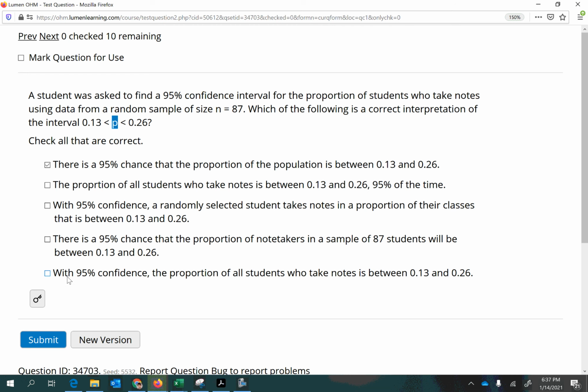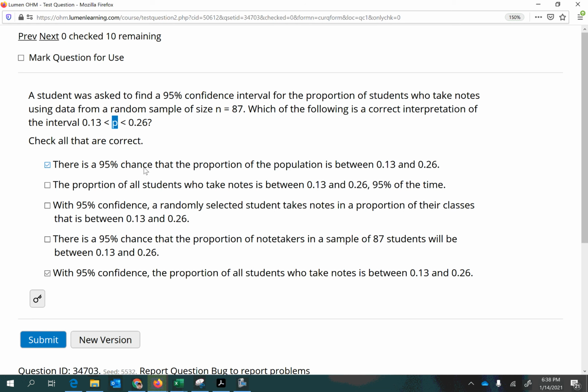And finally, with 95% confidence, the proportion of all students who take notes is between 0.13 and 0.26. Now I kind of like that one too. Let me read this again.